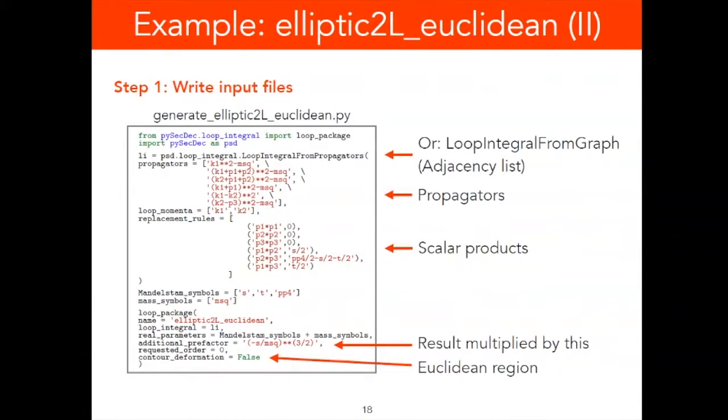And then you call this loop package function with a name. You pass the loop integral and the parameters, and an additional prefactor if you want, which will be multiplied onto your result. In this case, this is the prefactor that they used in their analytic result. So we multiply it on so you can compare these things. And since they computed in the Euclidean region, we turn off this contour deformation option so that we get exactly what they did.